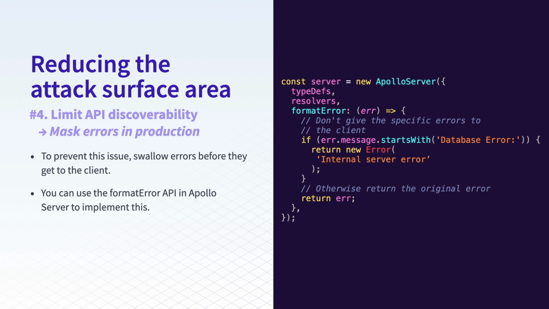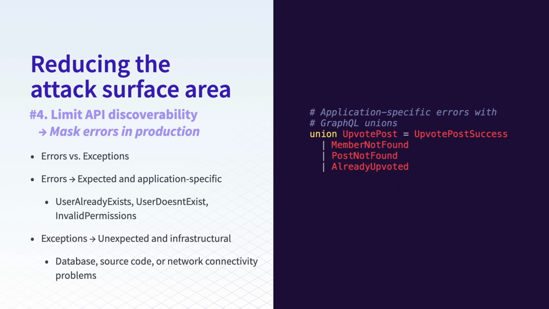In Apollo Server, there's a format error API on the config you can use to accomplish this. But it's also important to take note of what's an error and what's an exception. Exceptions are, for the most part, expected and application specific. And errors, however, are infrastructural in nature. They're fundamentally unexpected.